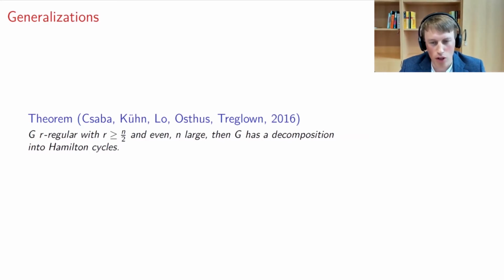We need that the graph is regular, or even regular, because the edge-disjoint union of Hamilton cycles will be even regular. And if this regularity is at least n/2, then in fact you always have a decomposition into Hamilton cycles. So that's about decomposition into Hamilton cycles in graphs.